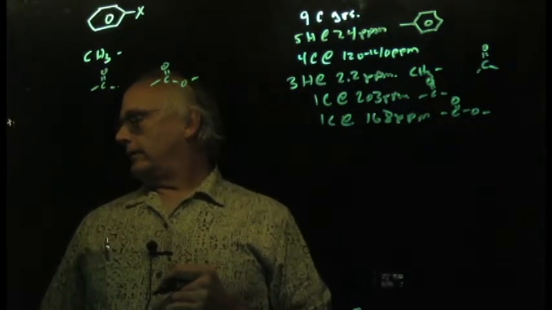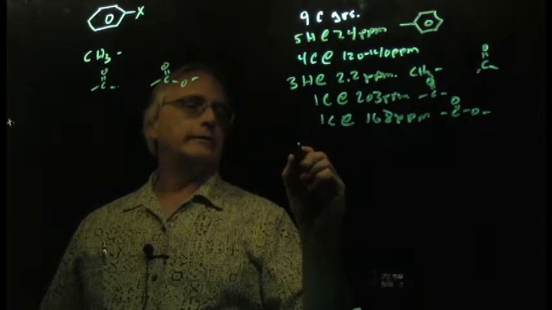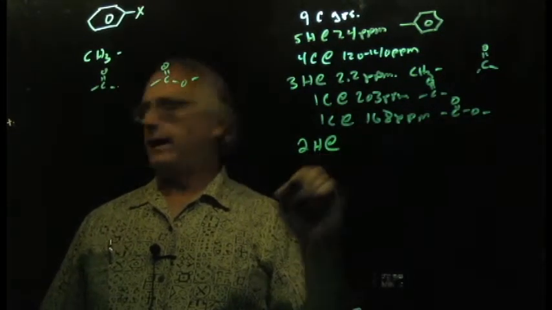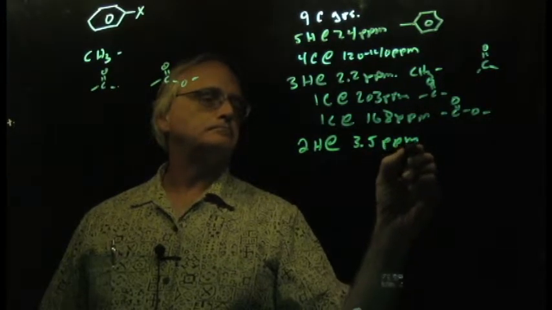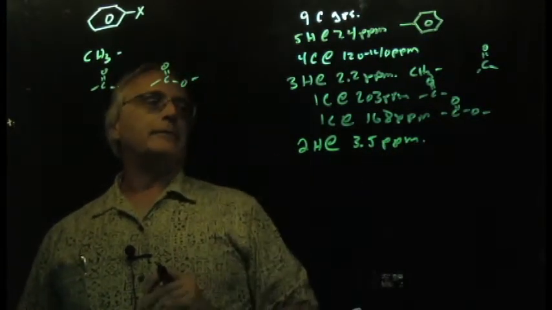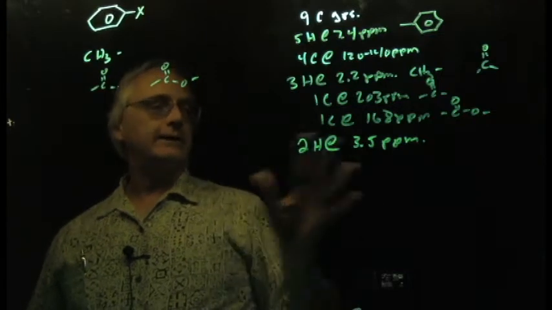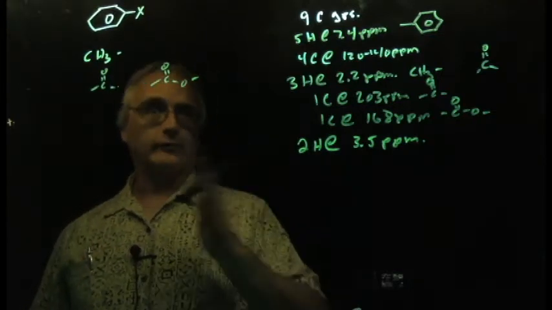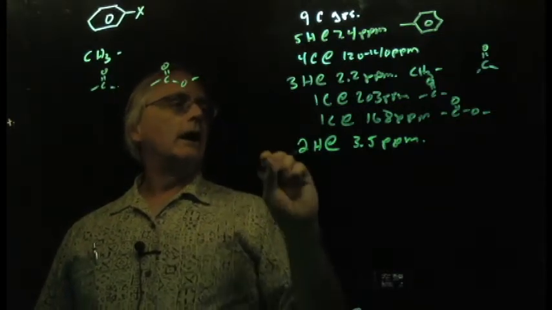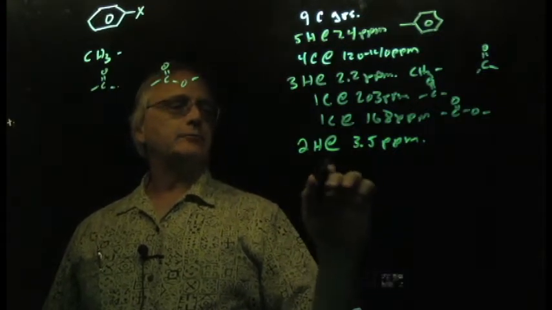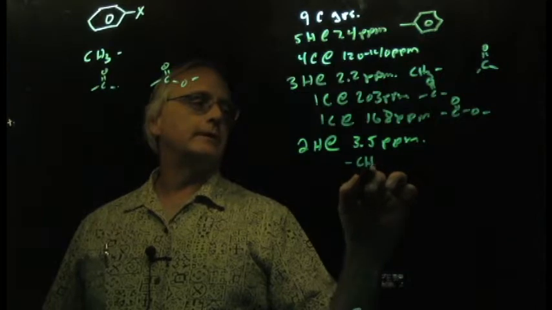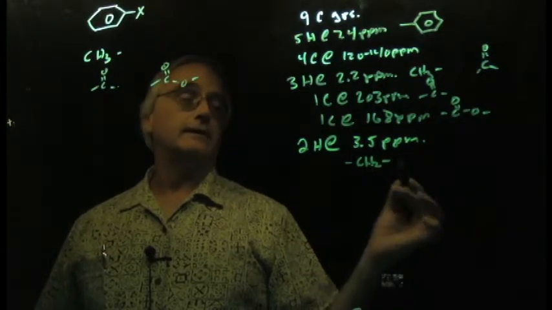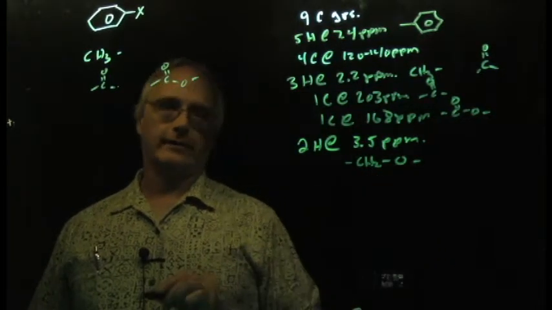Now, we also have two hydrogens at about 3.5 ppm. Now 3.5 is a little bit on the low side, but it's in the neighborhood, 4 plus or minus about a half either way. This is pretty clear evidence that we have a CH2 group, and it's likely near something electronegative, most commonly an oxygen.